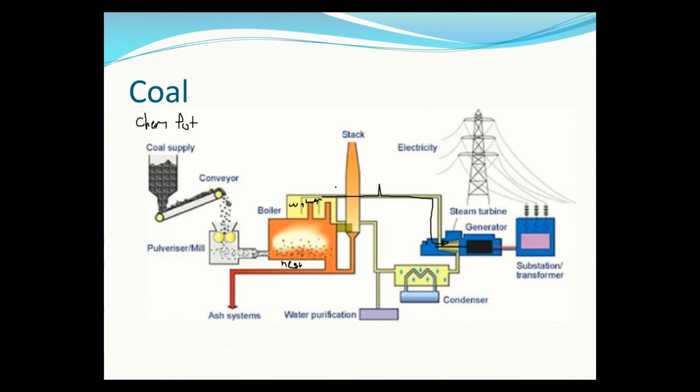Once the water is moving, anything moving is kinetic energy. So the chemical potential turns into heat, turns into kinetic energy, and after it goes through the turbine, it turns into electrical energy. We can use it for light, for motion, for anything that we want after that. So you need to know these energy conversions for a coal power plant.